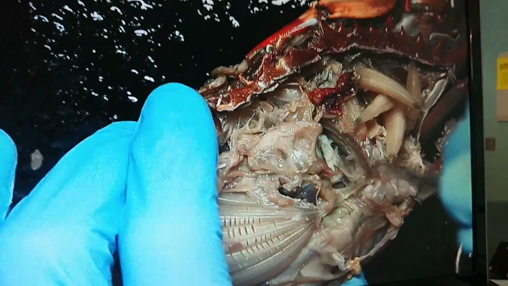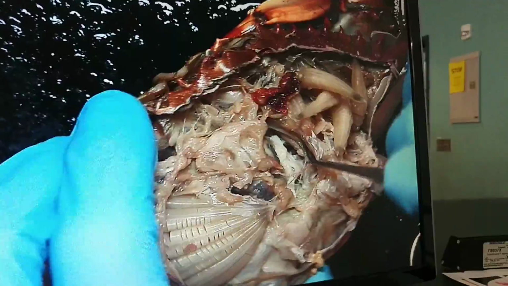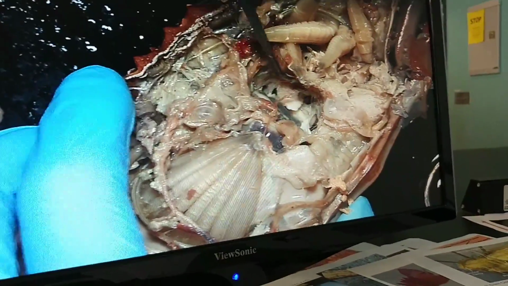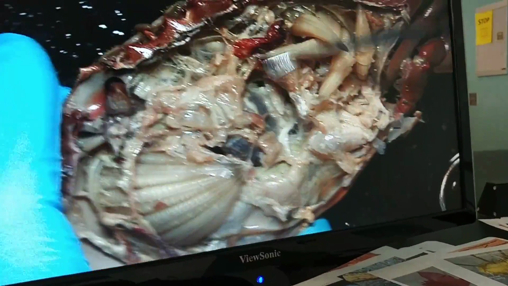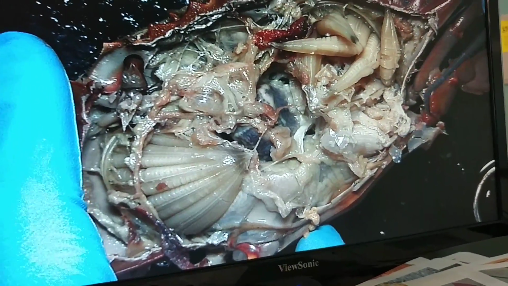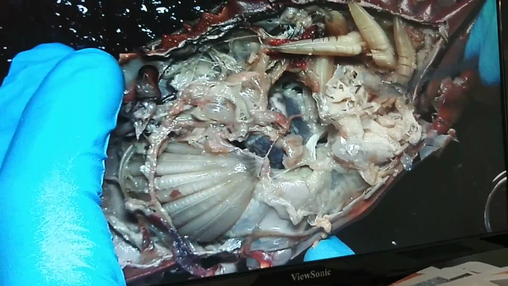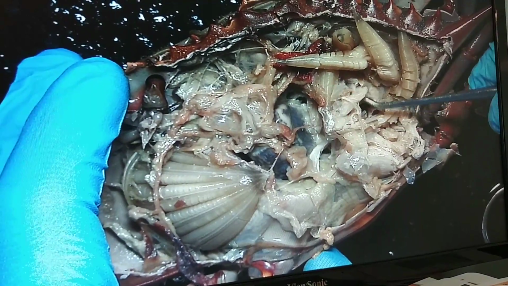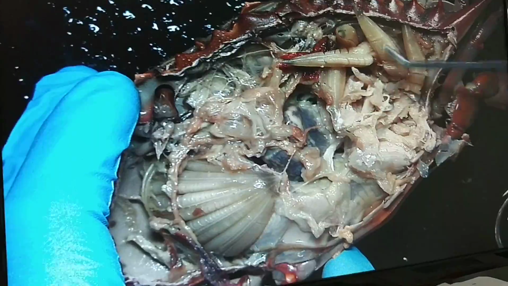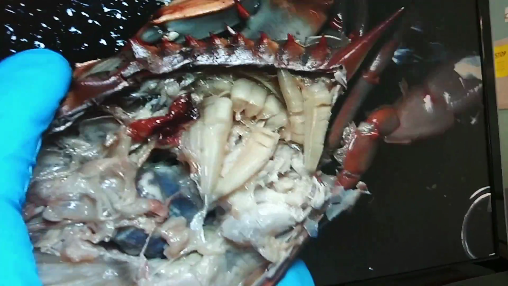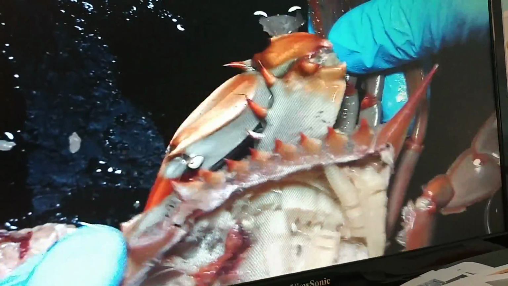But you can also see the leg muscles under here as well. No, it's female. They don't have. Oh, that's what that was. So all of these are going to be leg muscles. In this species, yes, they are always going to be under the gills, because the legs are under the gills.